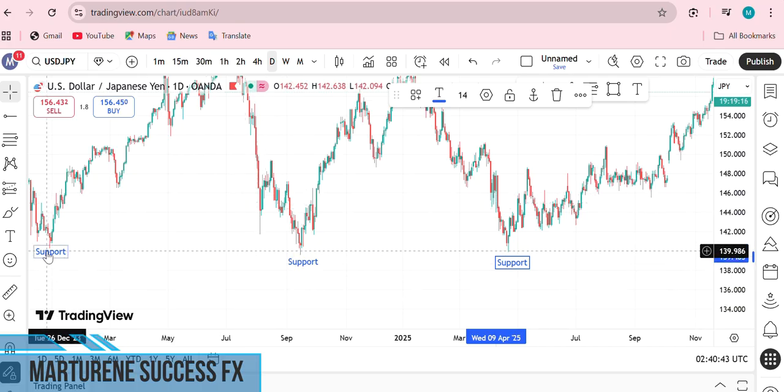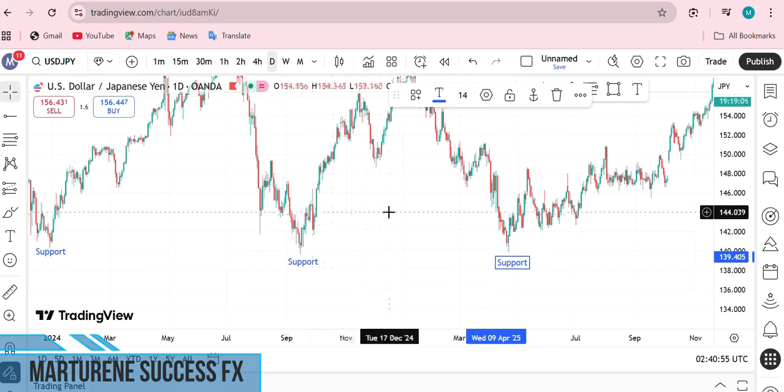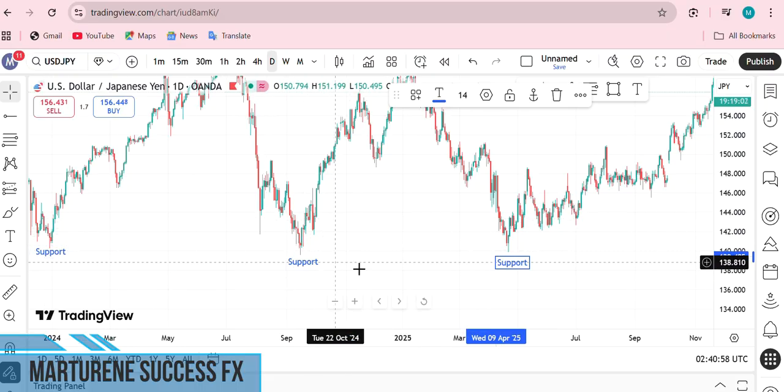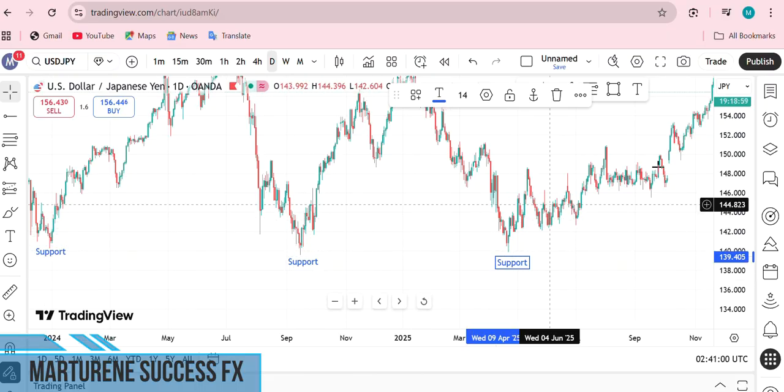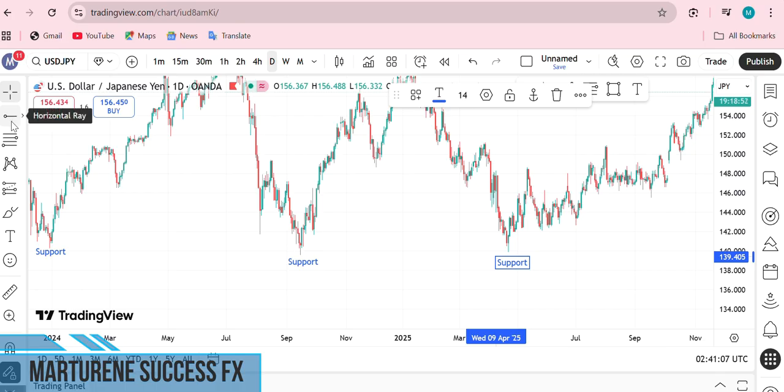So now, to plot the support, we need 2 points. We need to connect 2 points, or more, to form a support level or a resistance level, so that when next the price is approaching that area, we are going to be able to take a trade, hoping that it is going to reverse.